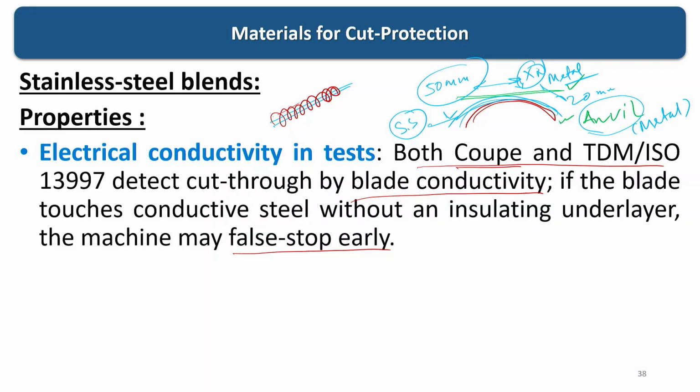So, that is the main problem of testing both by the Coupe method and the TDM method, where we use stainless steel and blends because of the conductivity. They work on the principle of electrical conductivity. So, if the blade touches the conductive steel wire without touching the anvil, it immediately stops.